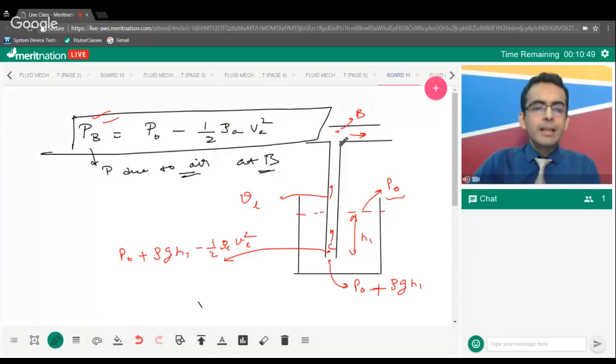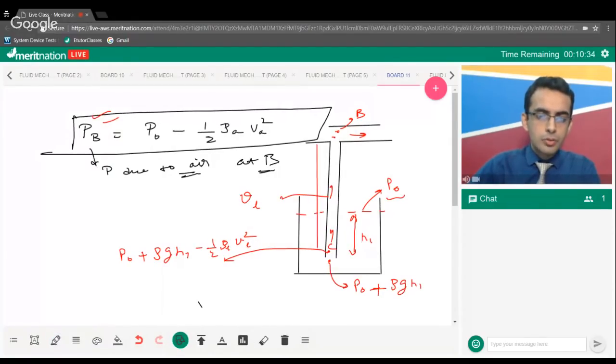So basically, the pressure due to this liquid around point B will be the same as PB. I'll equate that. Now let us say that the liquid is at height small h2.